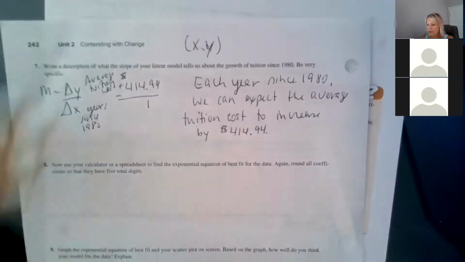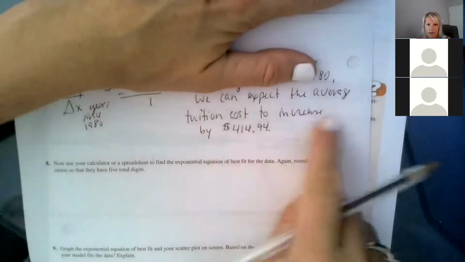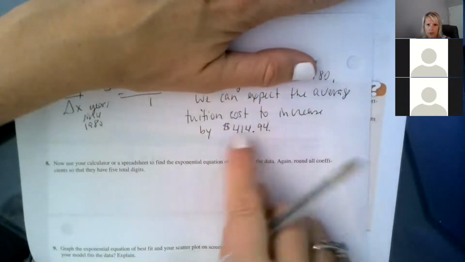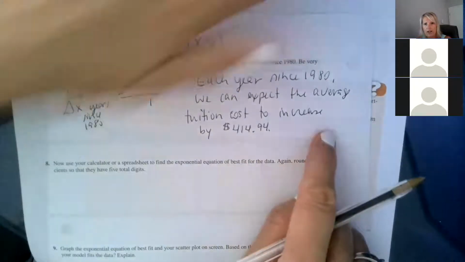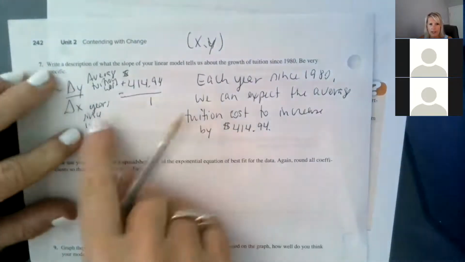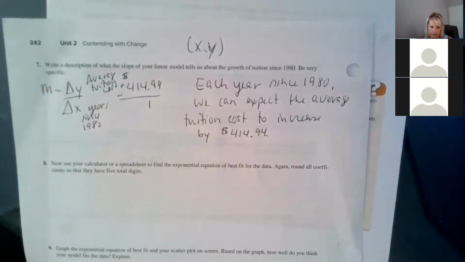You could have even started with right here. We can expect the average cost of tuition to increase by $414.94 each year. So you just have to make sure that you're telling me that each year, the X's are changing.